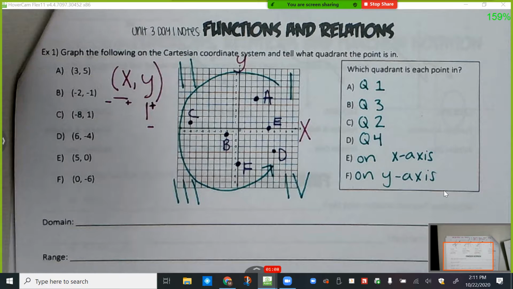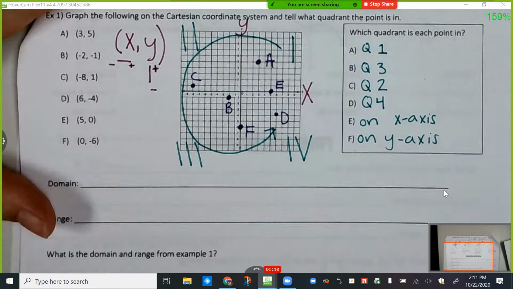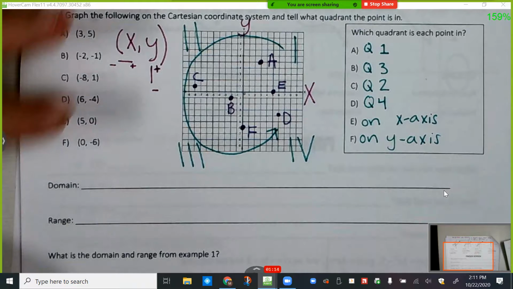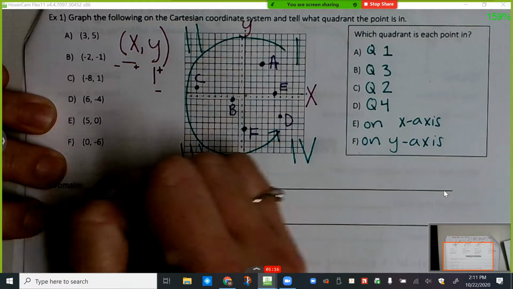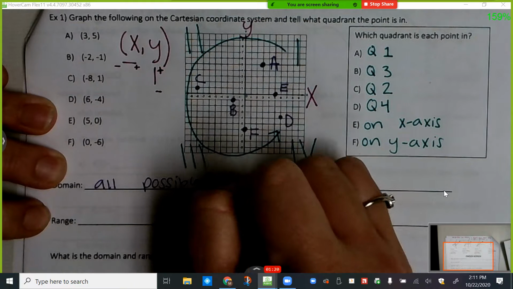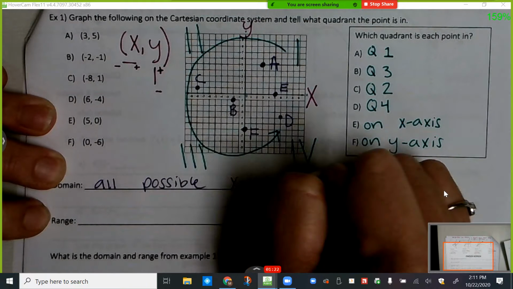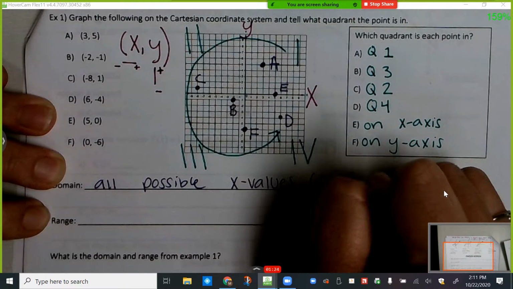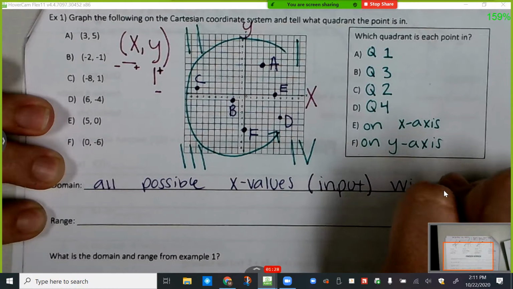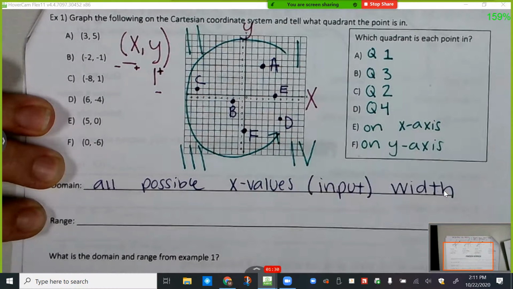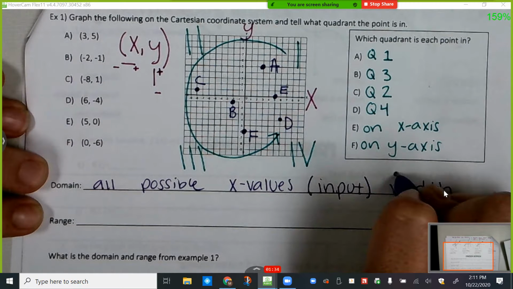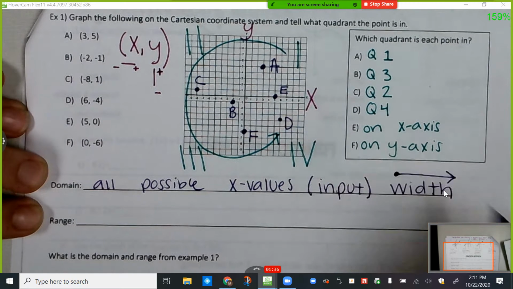Okay, so we're going to talk domain and range. I know it's probably been a while since you've done this. Okay, phones away. Domain is all possible x values. It's also called your input. And a lot of times you'll hear me call it your width. Okay? And you're always supposed to write least to greatest, so you start farthest left and you work your way right.